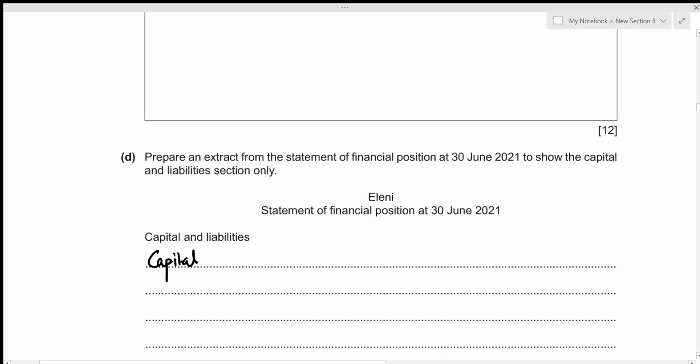For the capital section, we start with the opening balance of the capital. And then we add the profit for the year. And then we subtract the drawings.